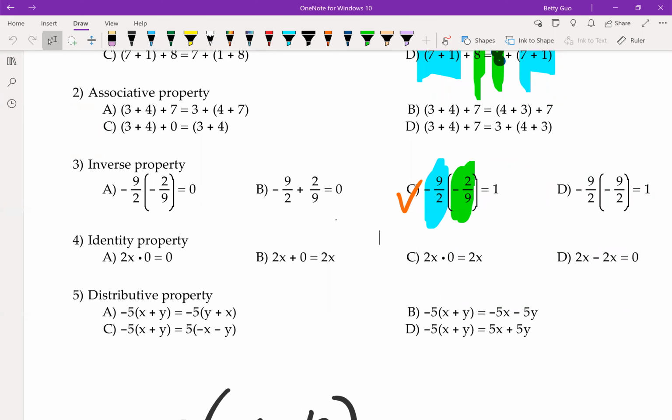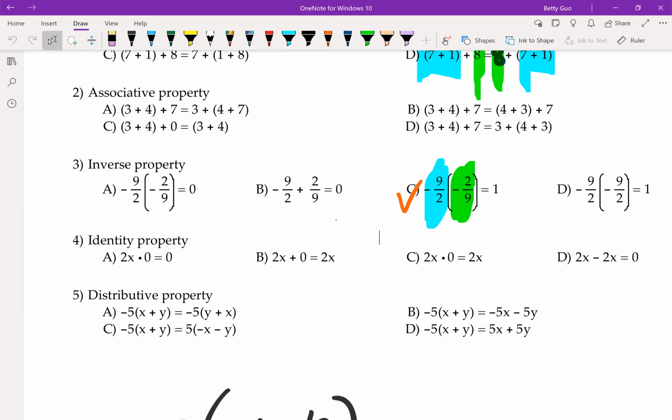Do you see that? And what happened to C? C is a true statement, but it is not a distributive property. It simply puts a negative sign inside a grouping symbol. It didn't really distribute or remove the parentheses.